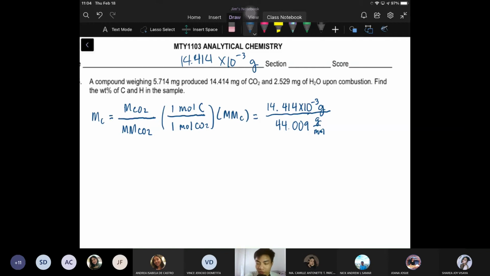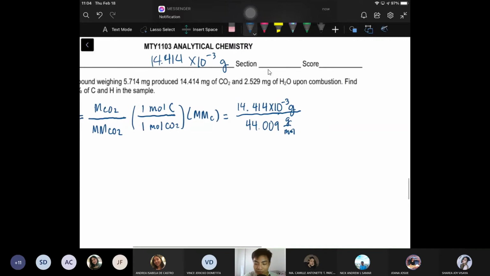And that will give you 44.009 g/mol. Okay, so ito na yung first fraction dito. Next one yung stoichiometric factor. So 1:1 lang yan. Okay, times the molar mass of carbon, which is 12.011 g/mol.